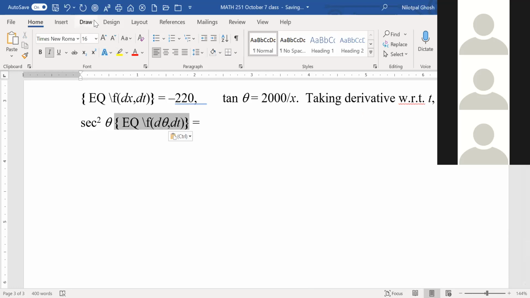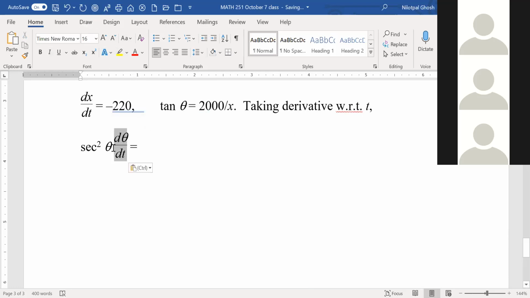Sec square theta times d theta dt equals the derivative of the other side. We know the derivative of 1 over x is negative 1 over x square.